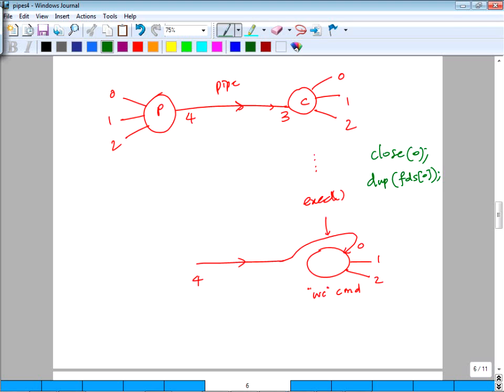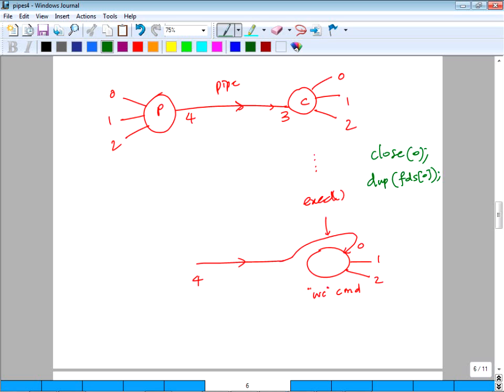What this dup command does is that it assigns one more lowest available number. So it takes the stream 3, duplicates it, and assigns the lowest available number. What is the lowest available number? 0, because just before we duped it, we closed 0, so 0 is available.